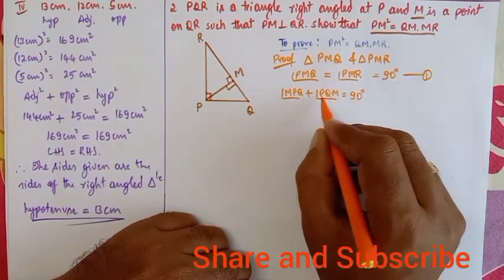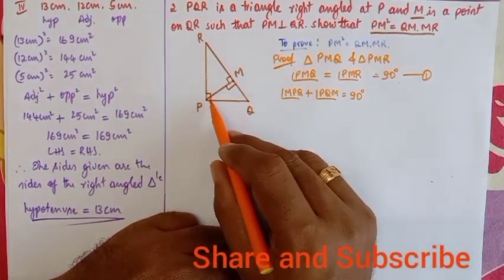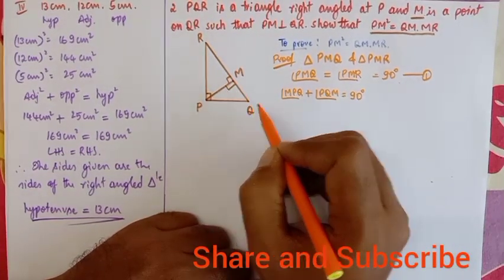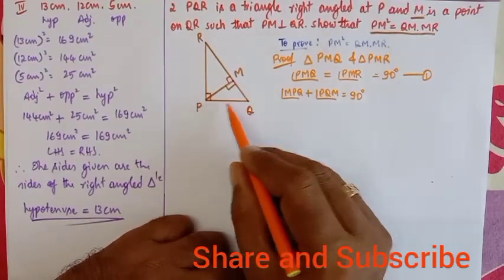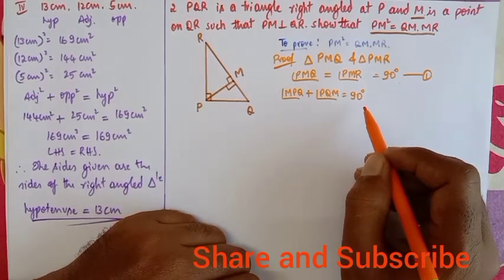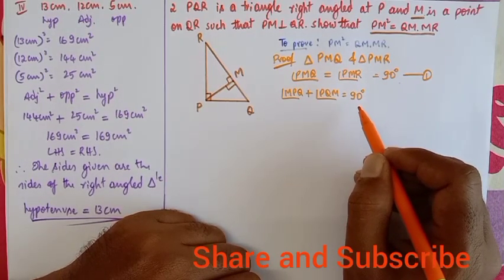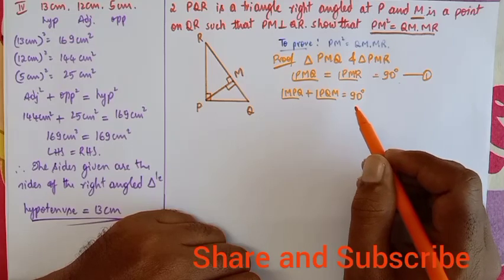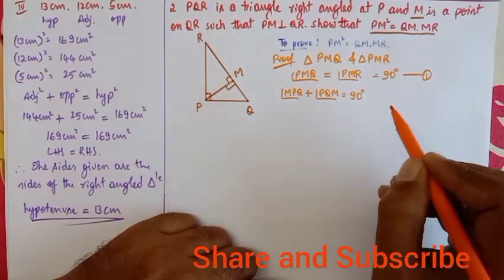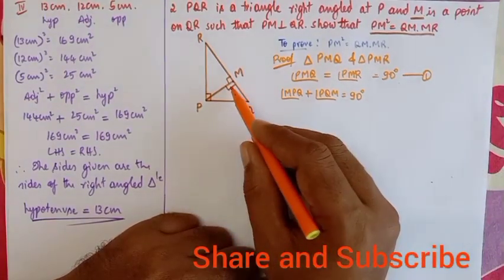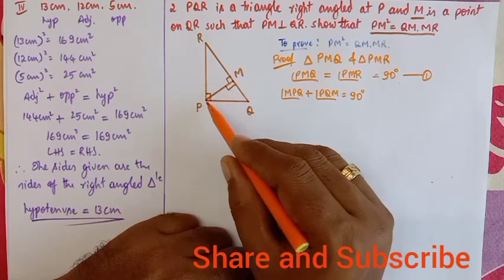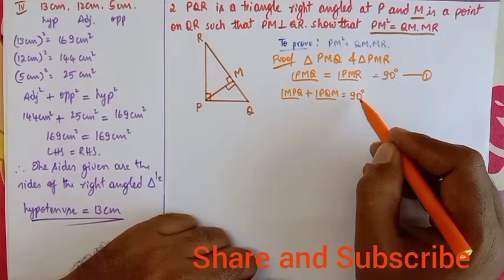The sum of these two angles will be equal to 90 degree, because of the angle sum property of the triangle. As we add up all three angles, it should be equal to 180 degree. Angle M is already 90 degree, so the remaining two angles P and Q must be equal to 90 degree.